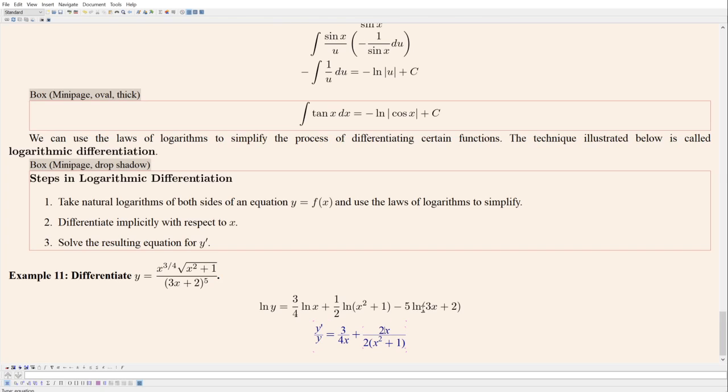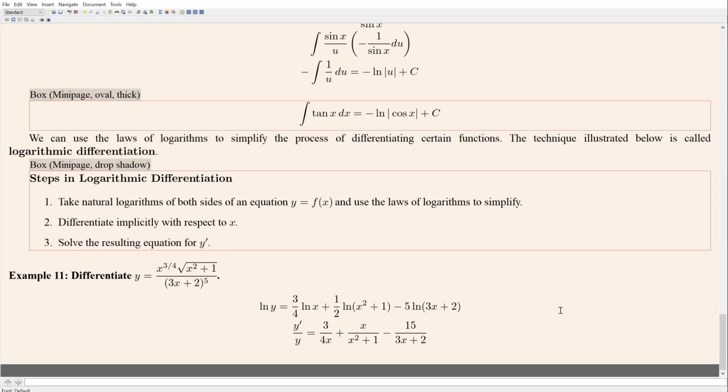And then we may as well cancel those 2's. Derivative of 3x plus 2 is 3, over 3x plus 2. And then 3 times 5, may as well combine that to make a 15.